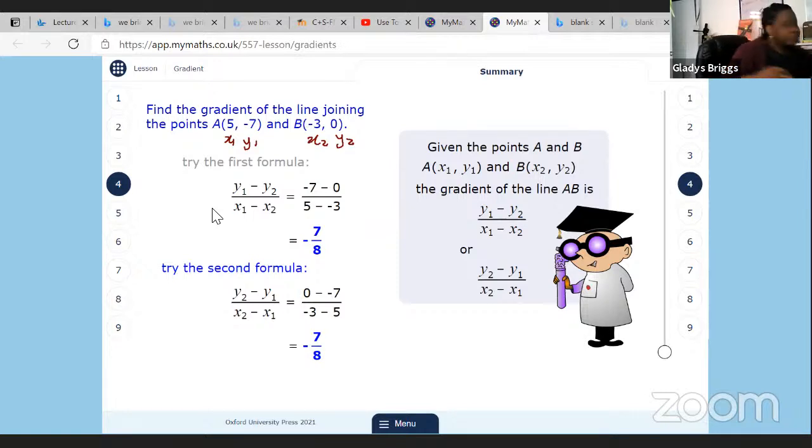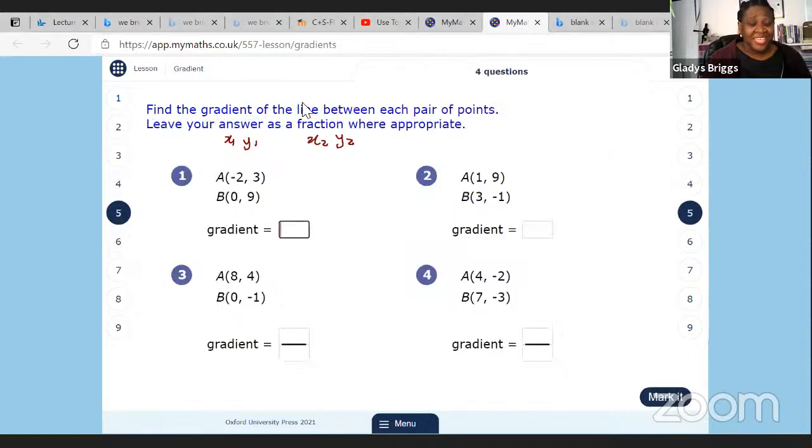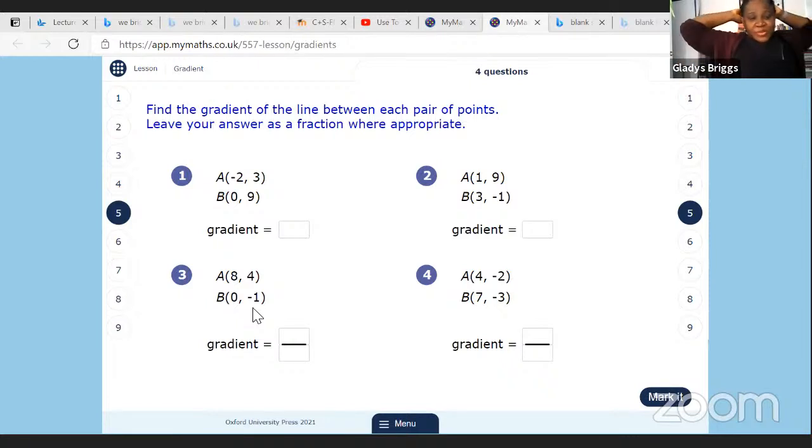Okay, I'll check now. Yes, you did, Abdullah. Okay, guys, here go your questions. Find the gradient of those lines. Find the gradient of those lines.